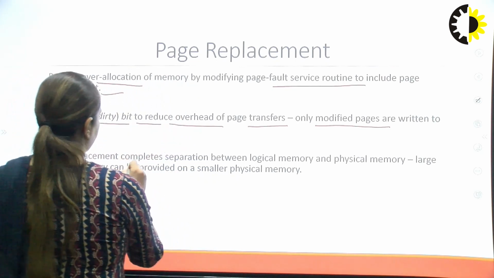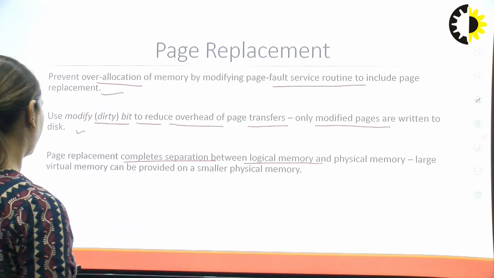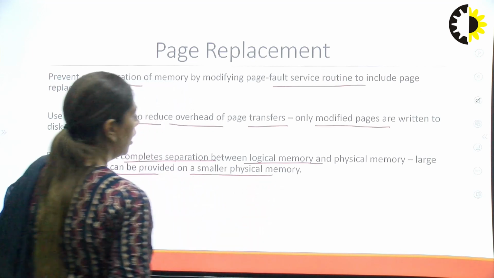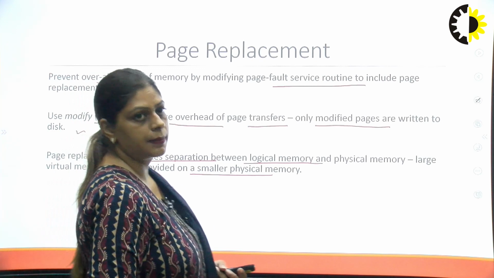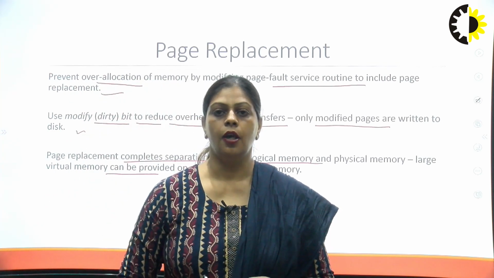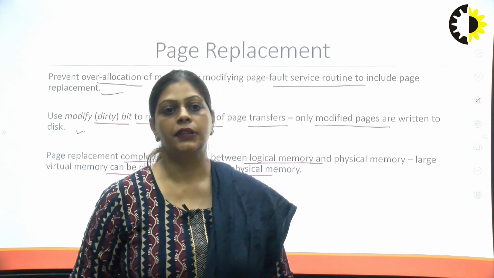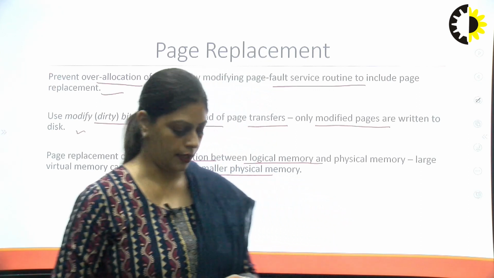Page replacement completes the separation between logical memory and physical memory. Large virtual memory can be provided on a smaller physical memory. Page replacement is a method used when the size of the virtual memory is larger than the physical memory.